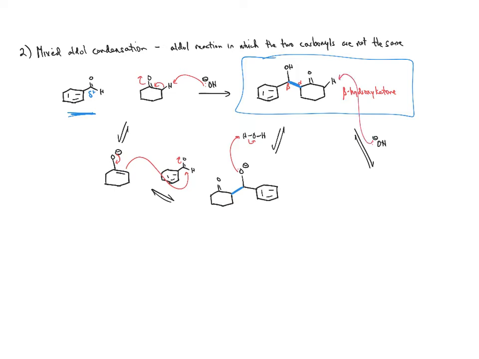Right, so we get a new enolate to form, and so we've got now our beta-hydroxy ketone is going to be a beta-hydroxy enolate, which then reacts again with the aldehyde. And I'll just say if two equivalents.